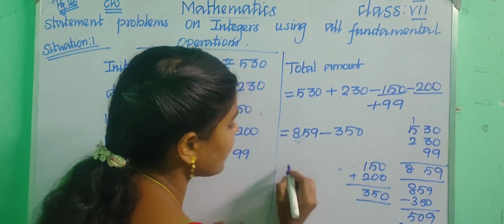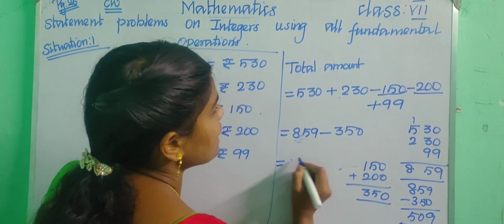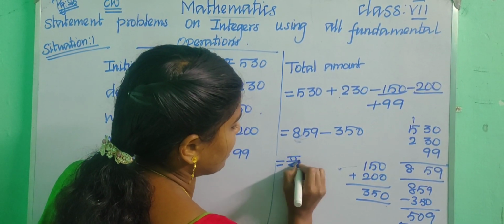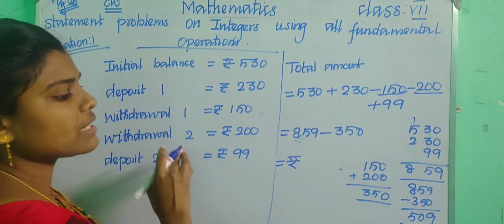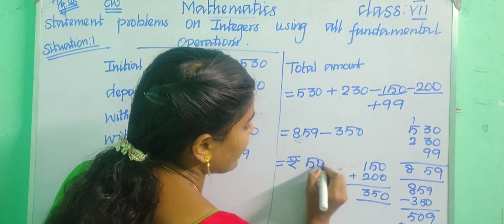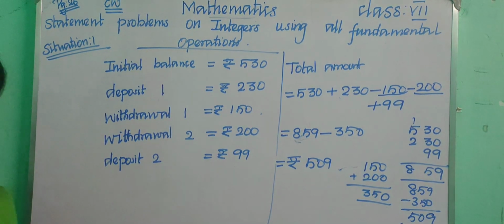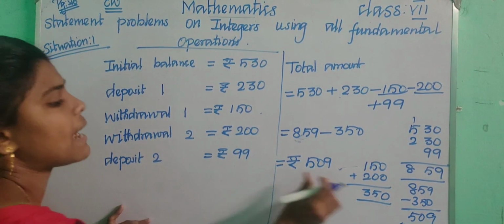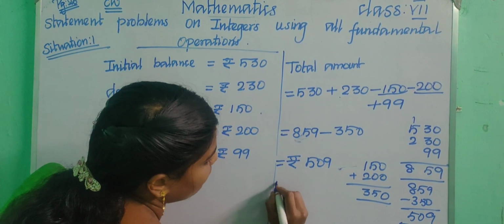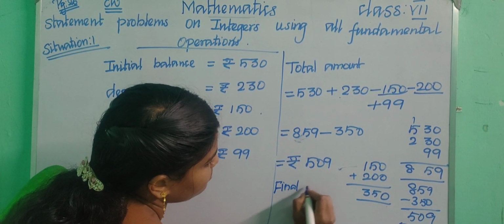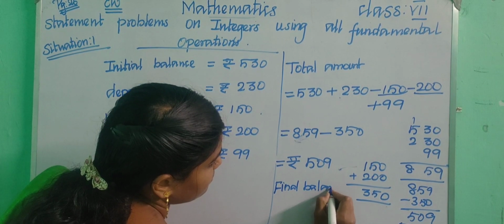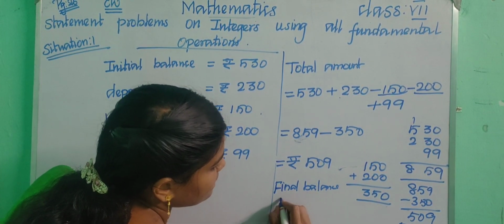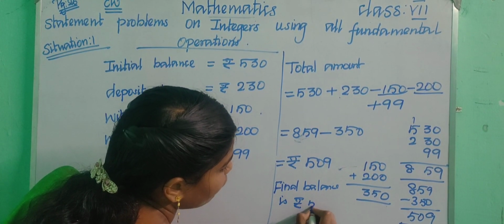So 509. Okay, children, so the total amount he is having in his account is rupees 509. Is it clear? It is the final balance. We can write the final balance is rupees 509.